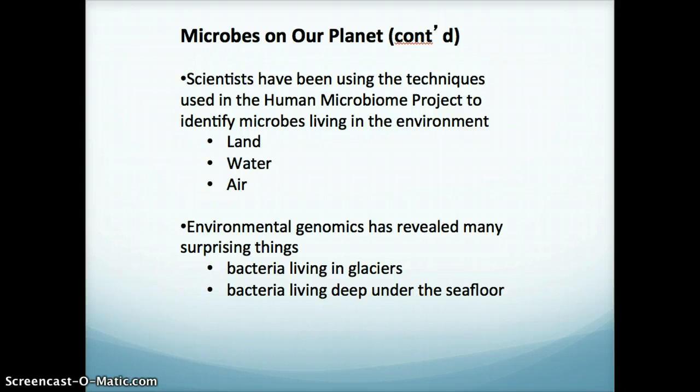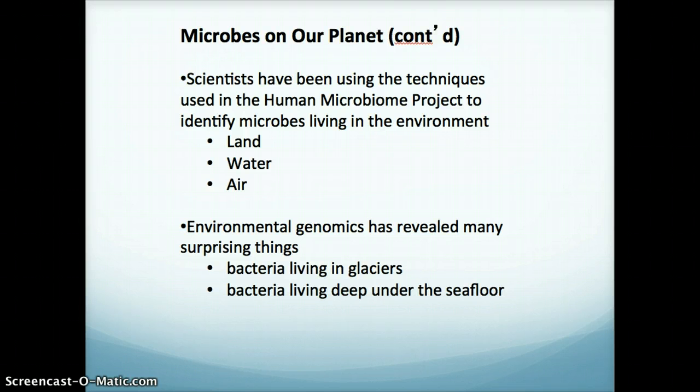So, when we talk about microbes on our planet, how do we study or identify microbes living in the environment? And scientists have been using a technique that is used in the Human Microbiome Project. And in this case, they're looking at microbes on the land, in water, and in air.